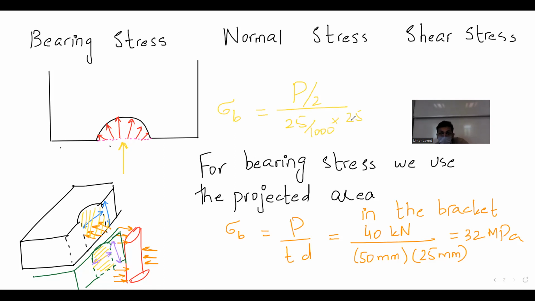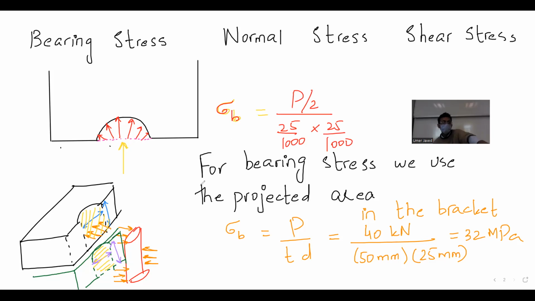Very good. Can you change the color? Oh, this is definitely not visible. Okay, thanks for pointing out. Sorry. So it will be P by 2 over 25 by 1000 multiplied by 25. Correct.